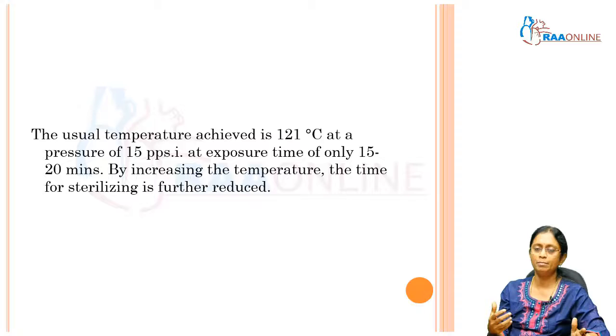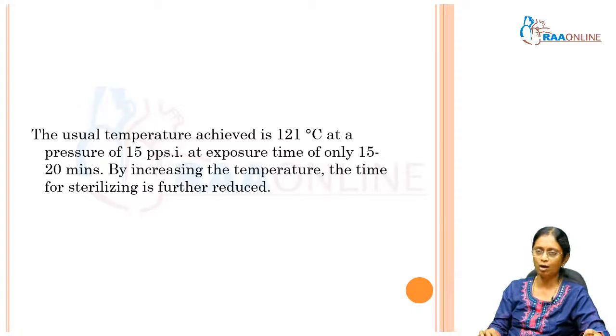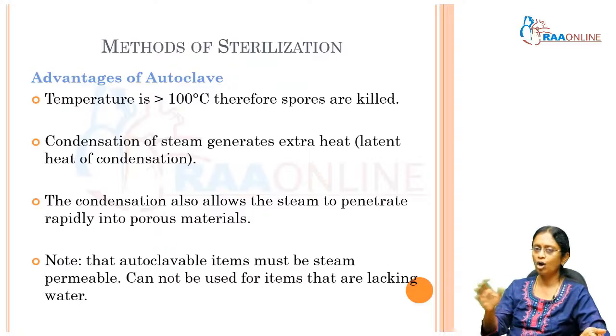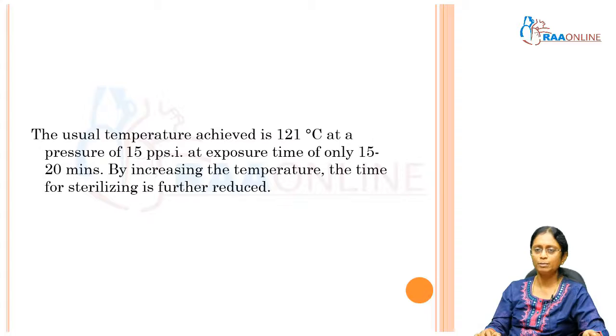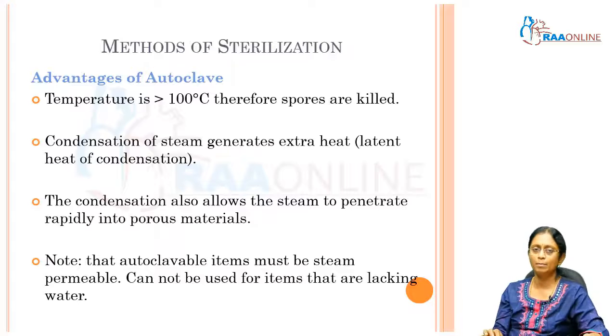The usual temperature is around 121 degrees centigrade at 15 psi, with an exposure time of 15 to 20 minutes. As you increase the temperature, the time can come down. You also have a temperature of 132 degrees centigrade. It's all there in your books, you can refer to them. But remember one thing: you must be able to say 121 degrees centigrade, 15 psi and 15 to 20 minutes. Do not make a mistake there.